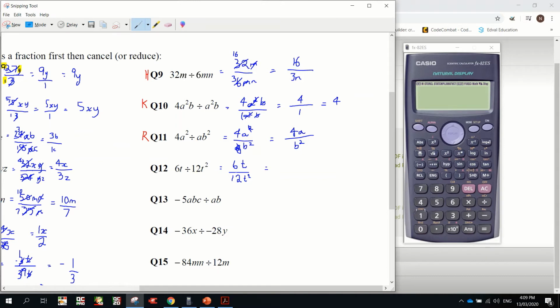What number goes into both of those numbers? 6. How many times does 6 go into 6? Once. How many times does 6 go into 12? Twice. Letters now. T, and there's 2 of them here. That's T times T, so let's get rid of one of them. What are we left with? Well, 1 over 2T.